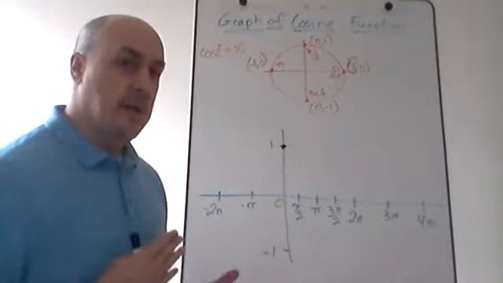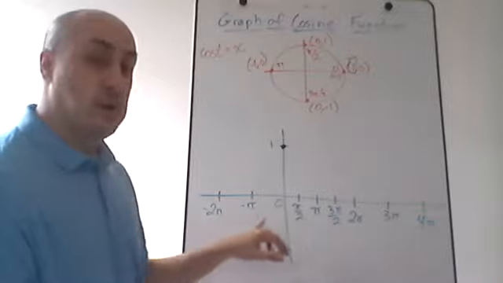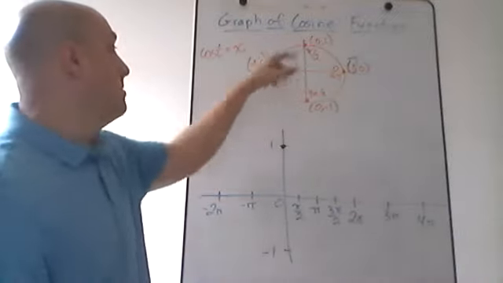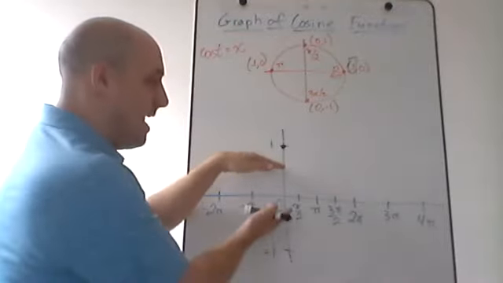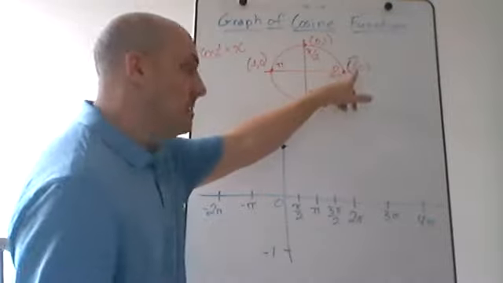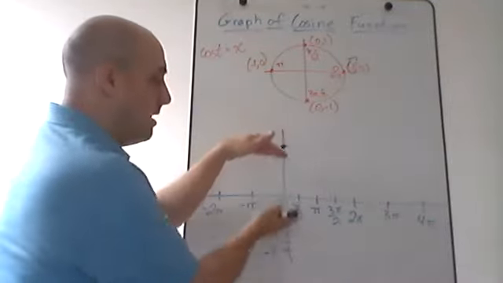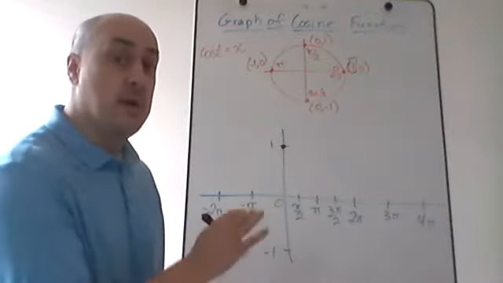So again, understanding what we're doing here: the input, the numbers along the x-axis when I'm graphing the function, are my t values for moving around the unit circle, because those are the input values into the cosine function. The y-coordinate when I graph the function comes from the x-coordinate of my terminal point on the unit circle.